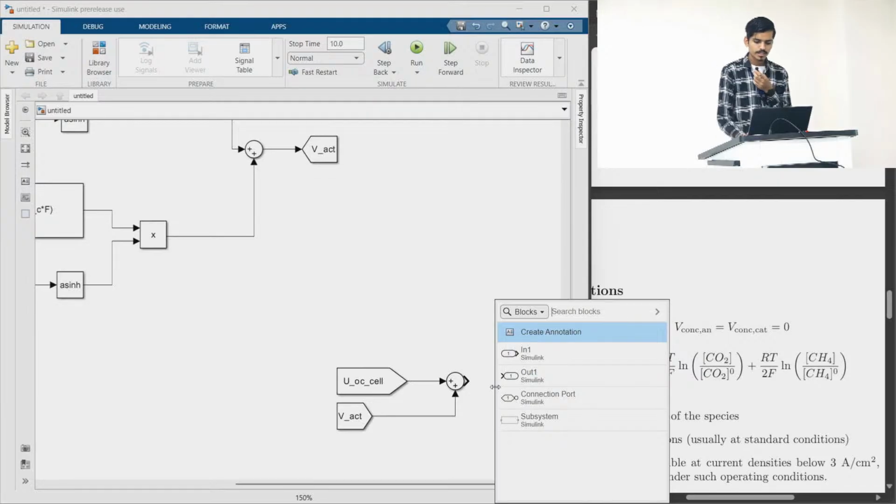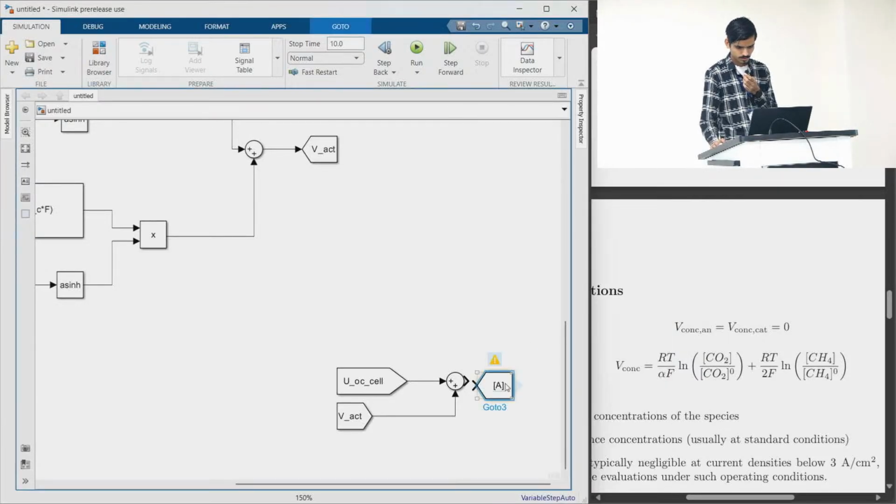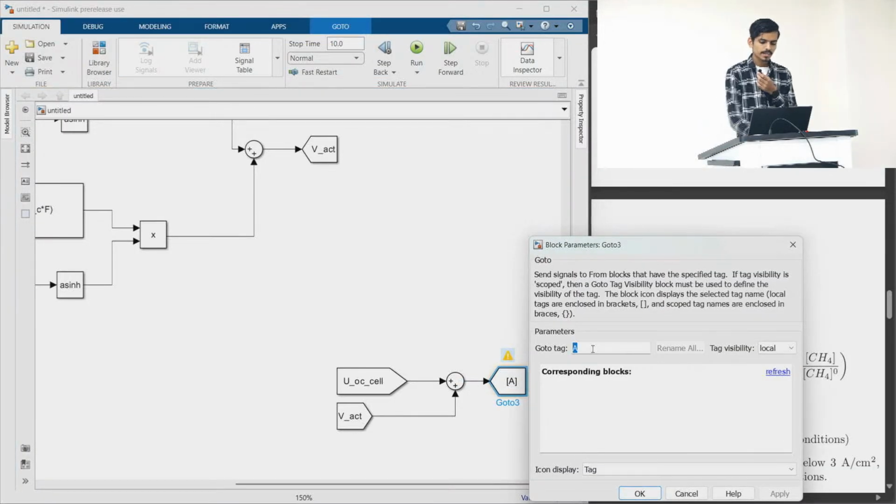And now we have to create a Goto block. Just write U cell, or V cell, whatever you want.